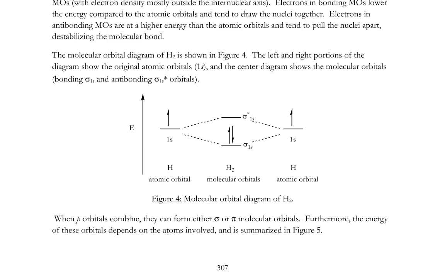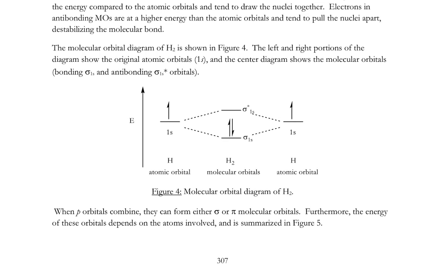Star implying anti-bonding, it disfavors bonding. Putting electrons there does not help bonding happen. Putting electrons in the lower energy one, the sigma 1s MO, does help bonding occur. And to see the diagrams for justifying this, look in your Chapter 9 lecture handout.